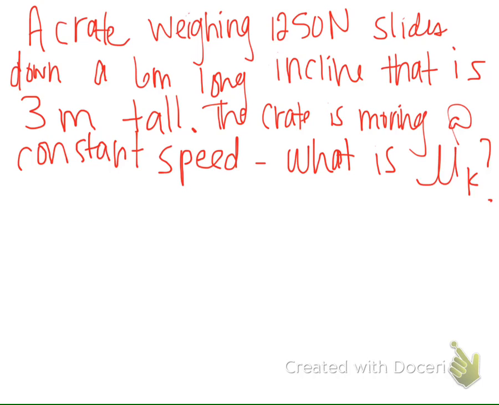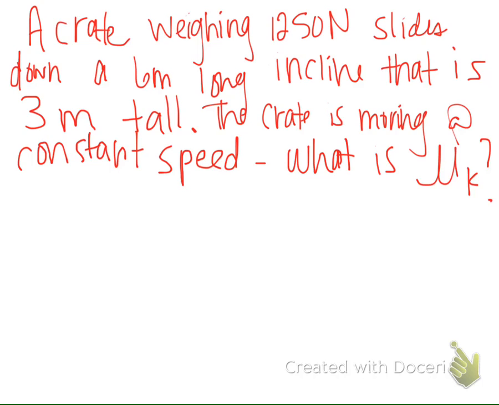It's telling us that it's moving at constant speed, so what does that have to mean then? The net is 0, which will then mean right will equal left. So parallel will equal frictional force. As soon as you have this written down, I'm going to clear this off so I can have some more room to write, but I want to make sure you have it down. Okay, everybody yes?